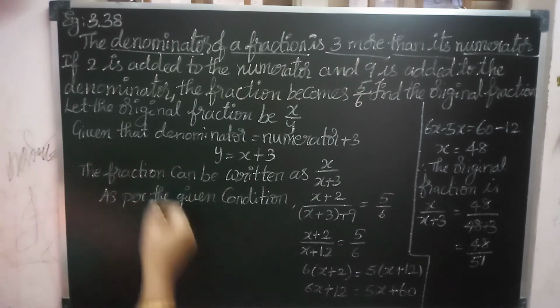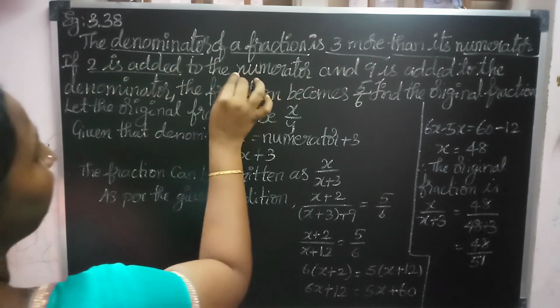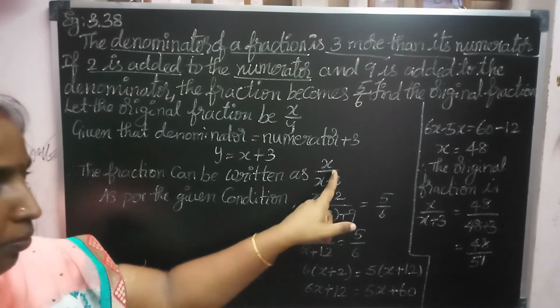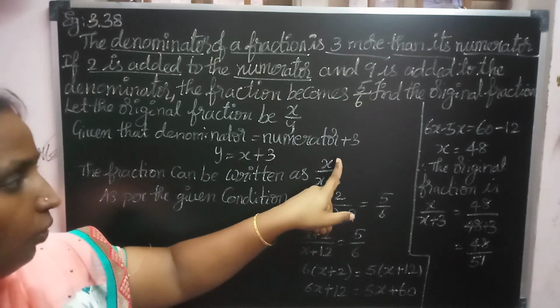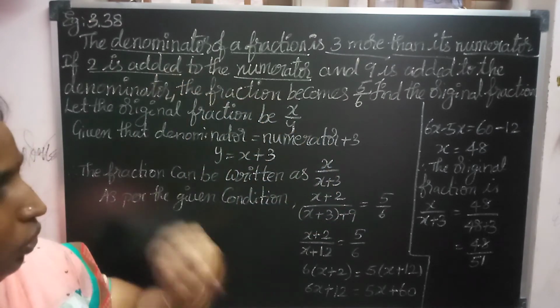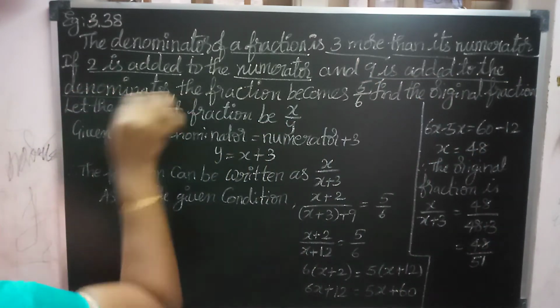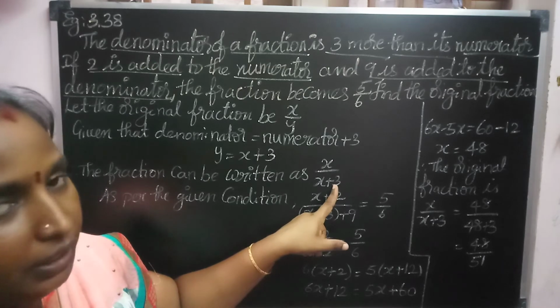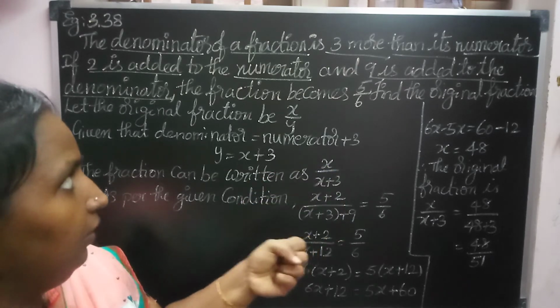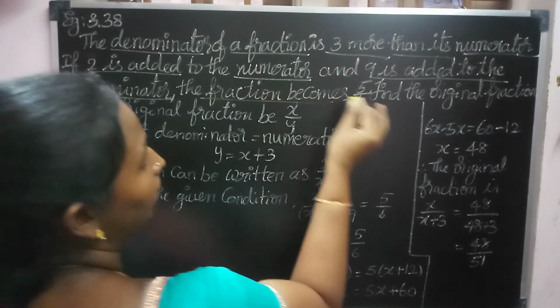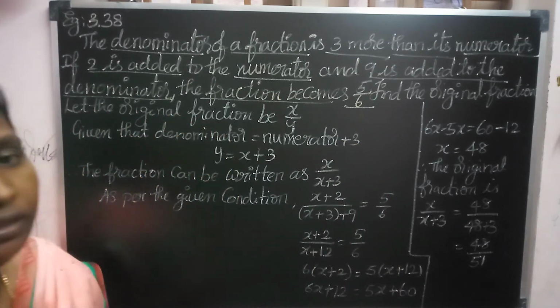Next, if 2 is added to the numerator, that is x we have, we add 2, and 9 is added to the denominator, that is x plus 3, we add 9, then the fraction becomes 5 by 6.